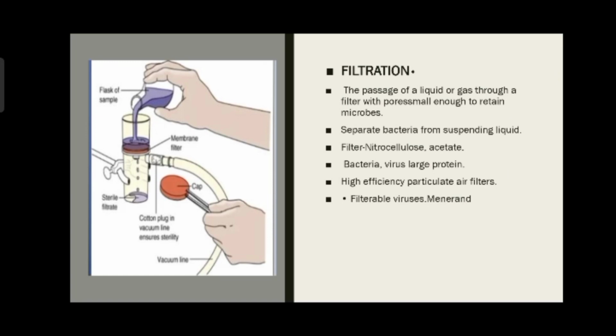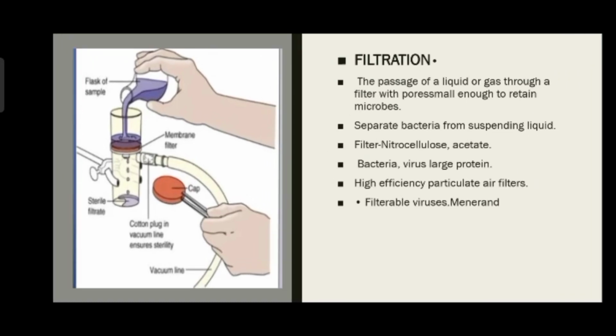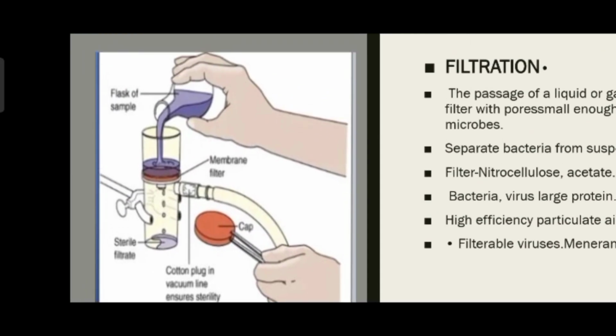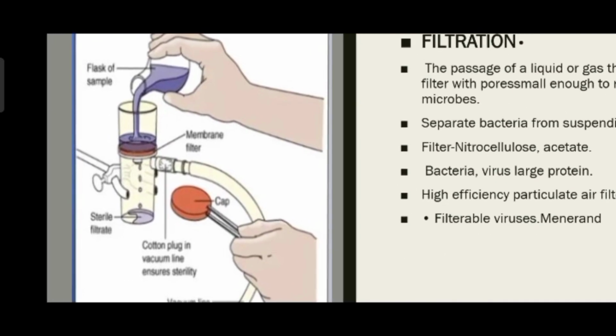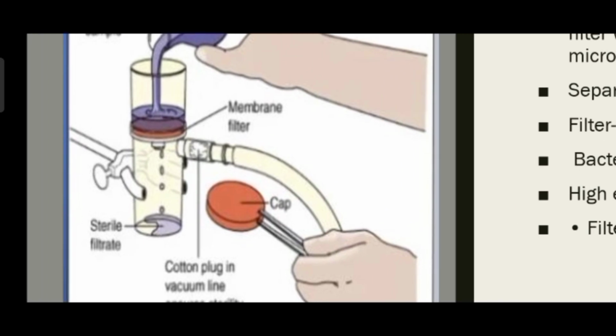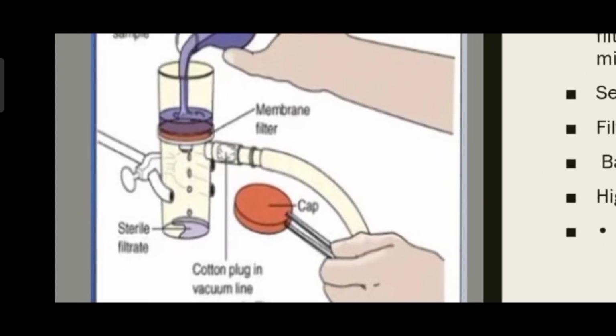The next physical method used for controlling microorganisms is filtration. Filtration is a method providing physical removal or exclusion of all the cells in a liquid or gaseous medium. In this picture you can see the filtration process. For the filtration we use a membrane filter, which you can see in this picture.